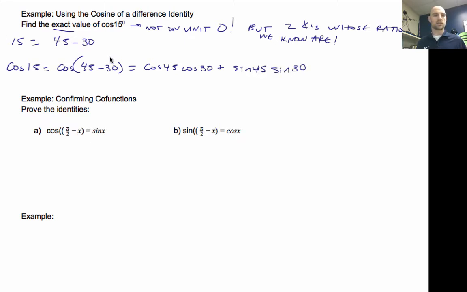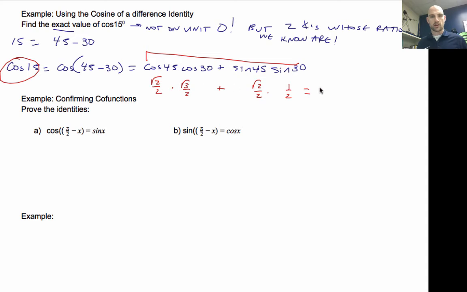Why is this an advantage? Well, 15 is not on the unit circle, but these are all on the unit circle. All of these we know. So I'm just subbing them in. Cosine of 45 is root 2 over 2, and the cosine of 30 is root 3 over 2. So this is root 2 over 2 times root 3 over 2 plus root 2 over 2 times 1/2.